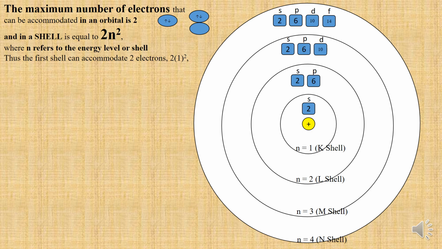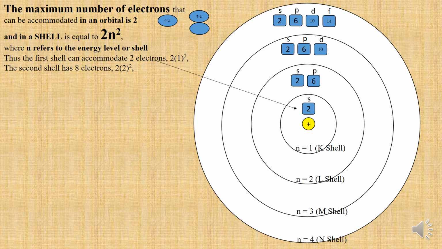The first shell can accommodate 2 electrons. When you substitute n with 1, which is the first energy level, you end up with the value 2. So 2 electrons are present in the first shell.